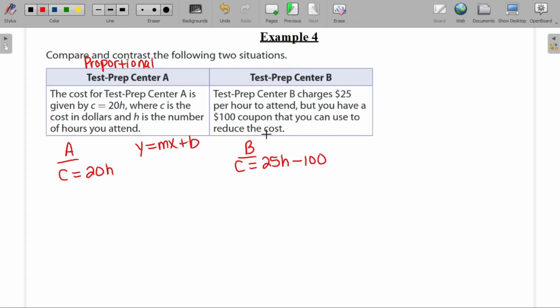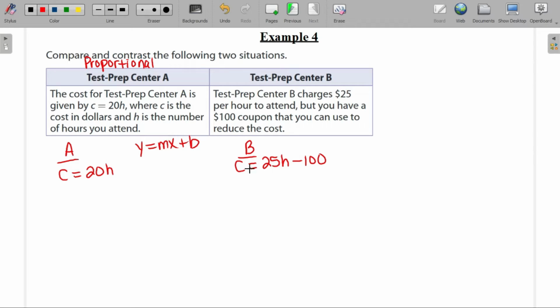Now, in option B, we formed this equation that C, the cost, is going to be equal to $25 times how many hours of attendance at this test prep center, and then we are going to take off the $100. So this C value is going to be very much like our y value. This equals is going to be the same here as our equals here.